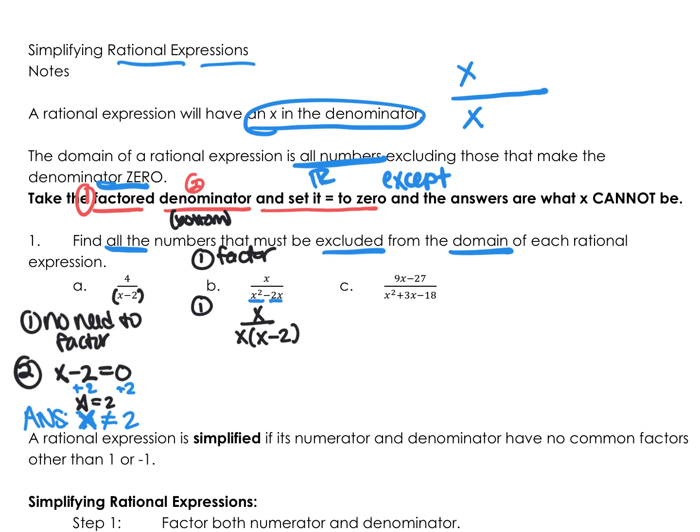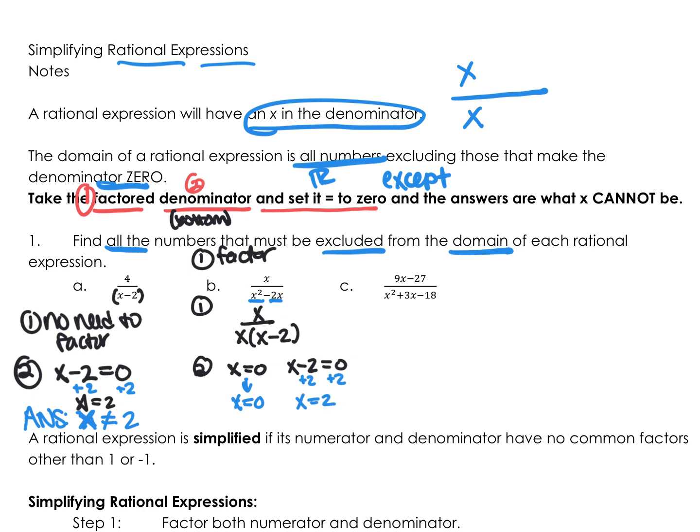And then once you have that, step 2 is to take all factors in the bottom and set them equal to 0. So we're going to take the x and set it equal to 0 because that's one factor, and then the x minus 2 and set that equal to 0 because that's another factor. This one's already solved, but this one we have to add 2 to both sides.